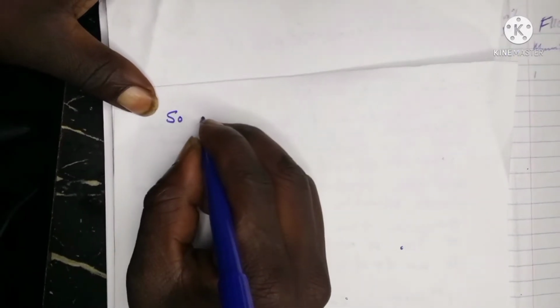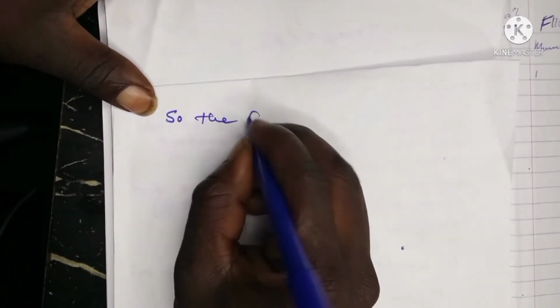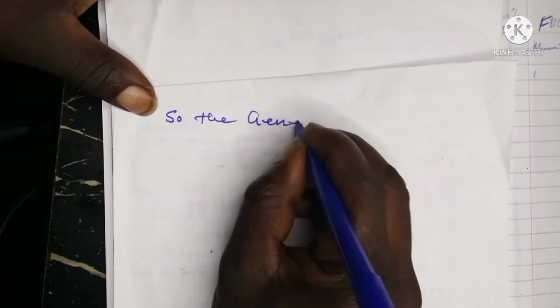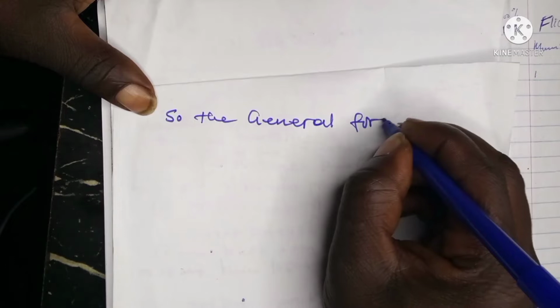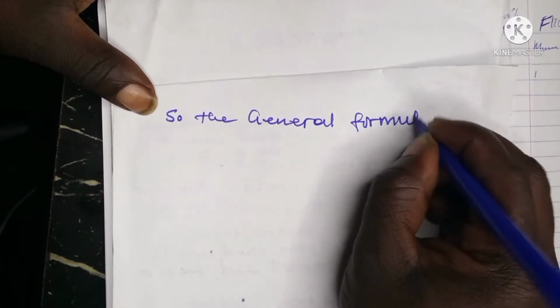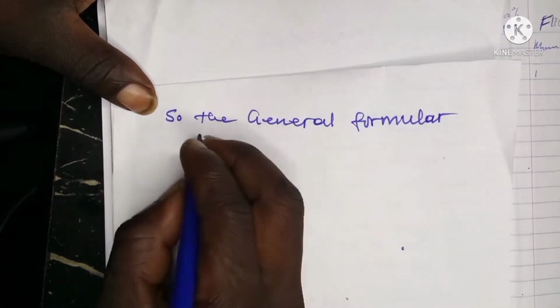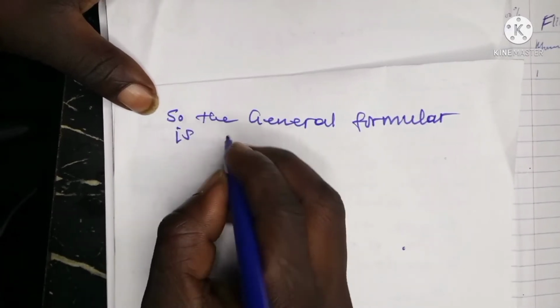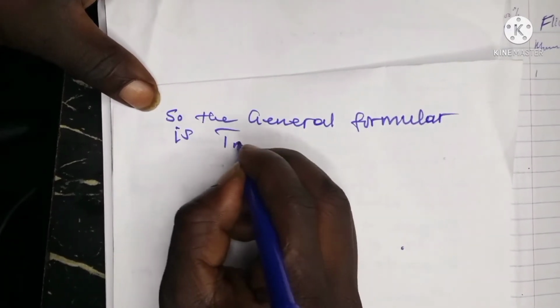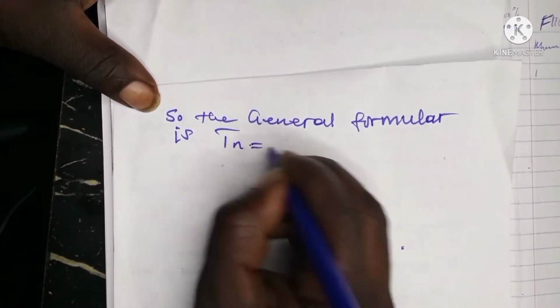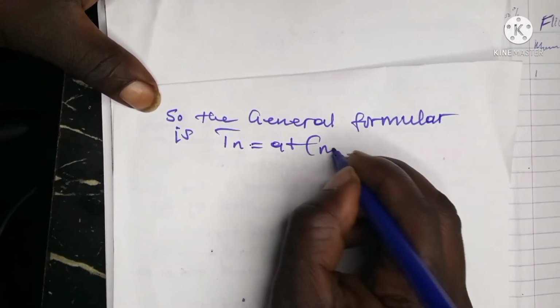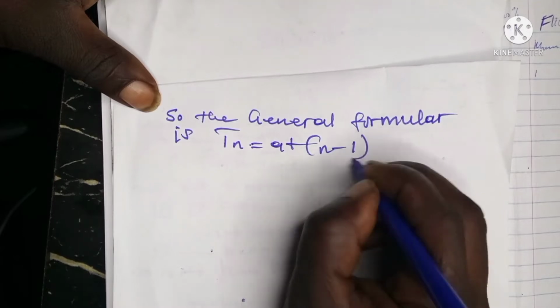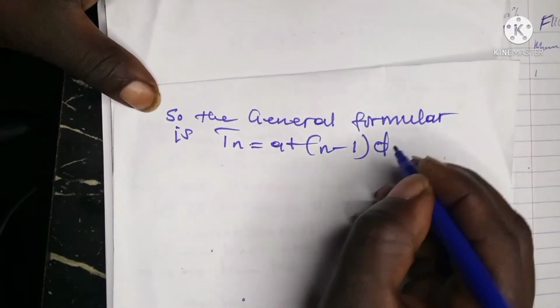So the general formula is Tn equals a plus open bracket n minus 1 close d.